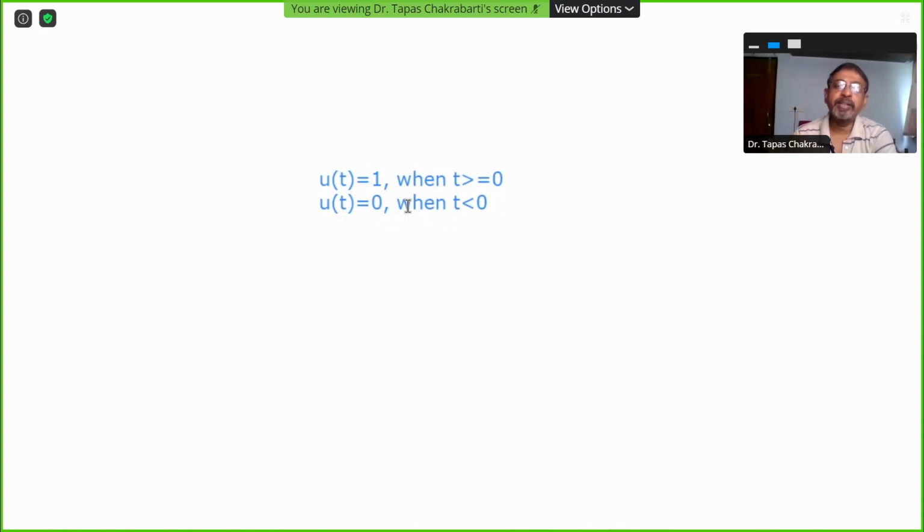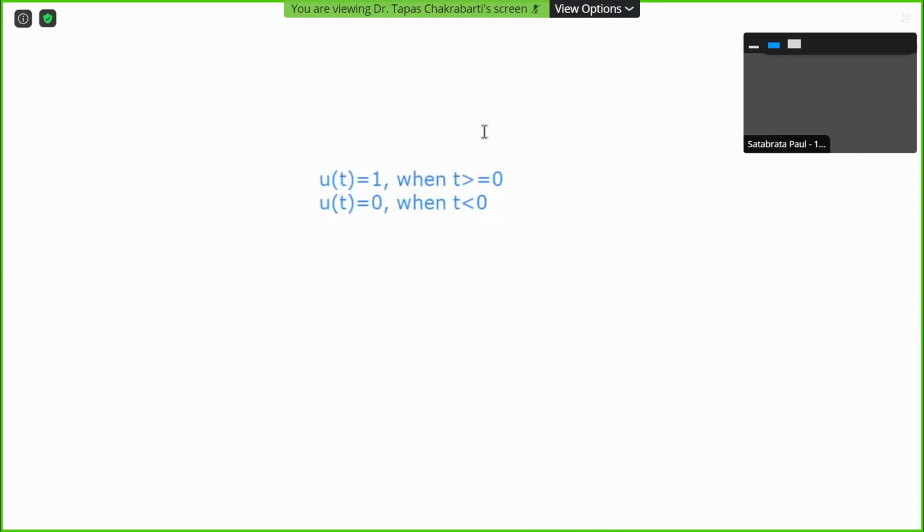But while t is less than 0, at that time u(t) is equal to 0. Is it clear about the unit step function?